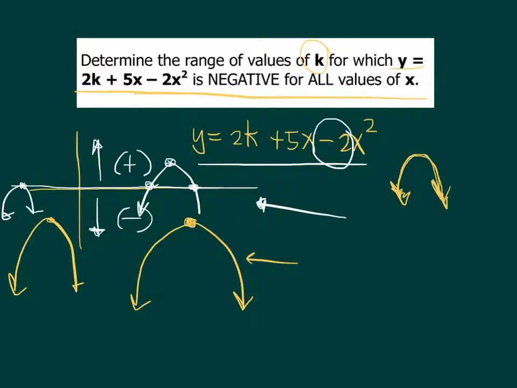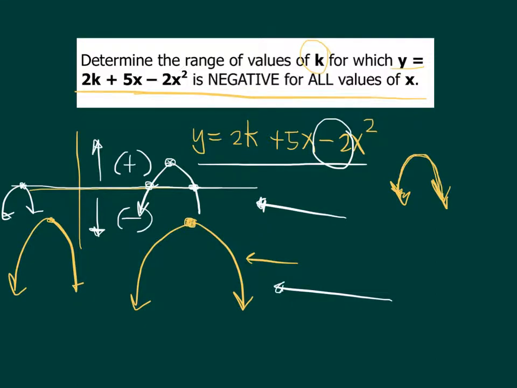Now, what is the relationship of the nature of the roots to the graph of a parabola that is not touching the x-axis? If you remember the relationship of the roots to the graph, when the graph is not crossing the x-axis, that means it has no roots, because the intersections with the x-axis are the roots of the equation.